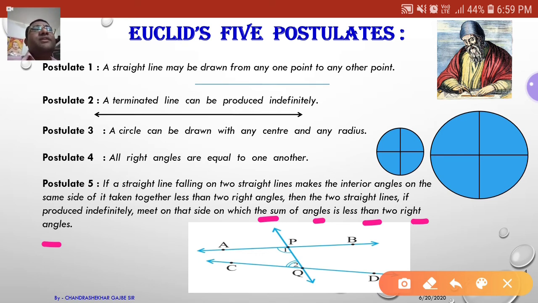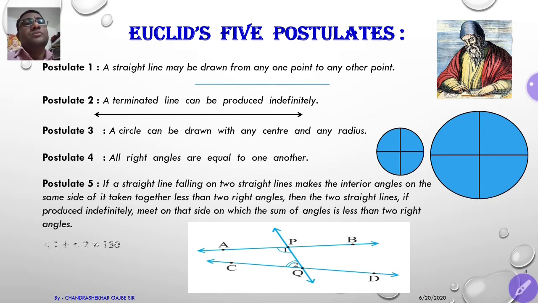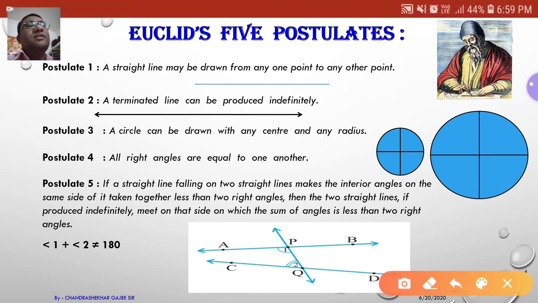On that same side, the lines will cross. You can check on the screen that the sum of angle 1 and angle 2 is less than 180. That's why AB and CD will cross on the same side of those angles, like this. So here the sum of angle 1 and angle 2 is less than 180, and that's why AB and CD will cross on the same side. This is postulate number 5, and it is also related to parallel lines.